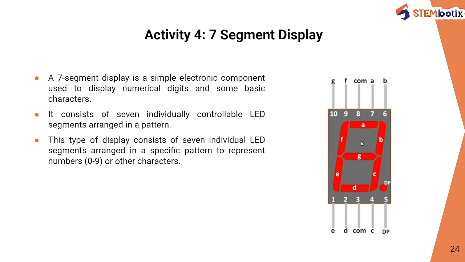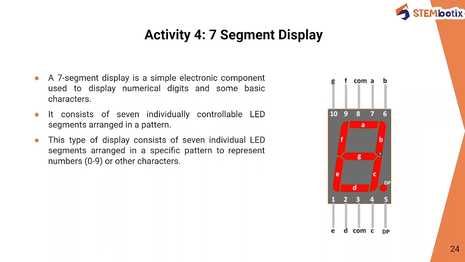This is the section known as A, this is B, this is C, this is D, this is E, F, and then G. These A, B, C, D, E, F, and G are the different points using which you can turn on different segments and see different digits.